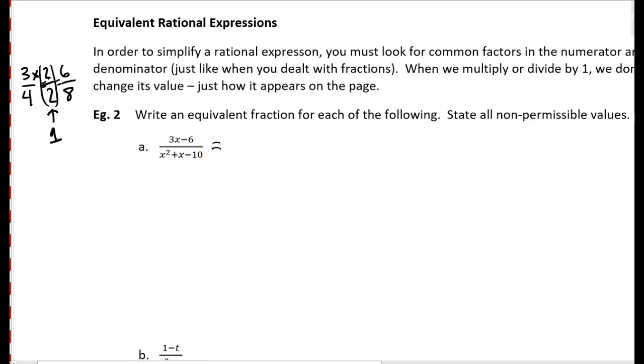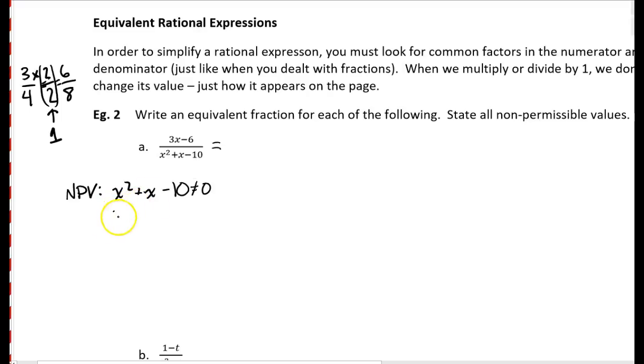So the first thing I always do is I write my non-permissible values. So in this case, I've got x squared plus x minus 10 cannot be 0. I'm going to factor that. So let's see what I can do. It's not factorable, so I actually would have to use my quadratic equation in order to be able to solve for this.